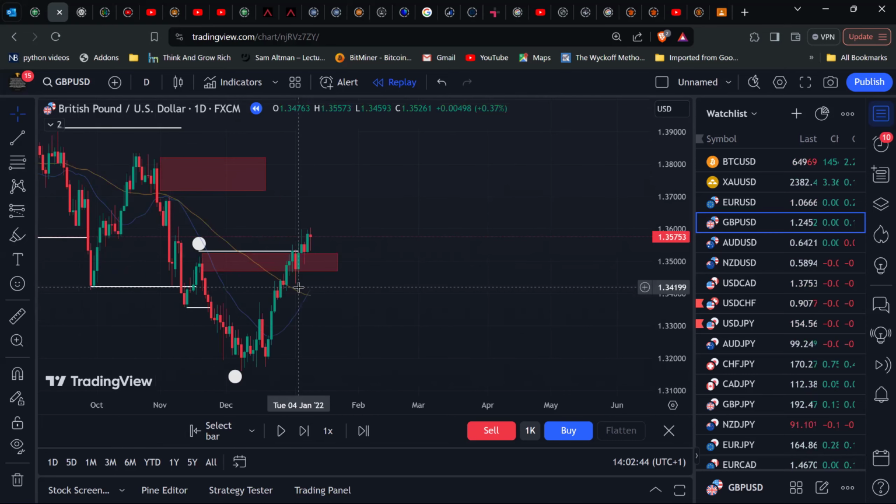Now, once you get better at this, you'd also be able to see the institutional leg of this market, and you'll be able to see that, even though from a structural point of view we have lower lows and lower highs and higher highs, this move here from an institutional leg can actually be one big lower low. And then this might all be the pullback, right?